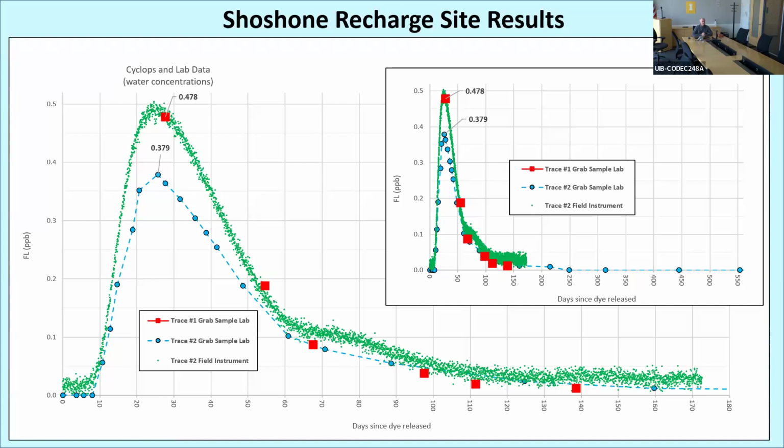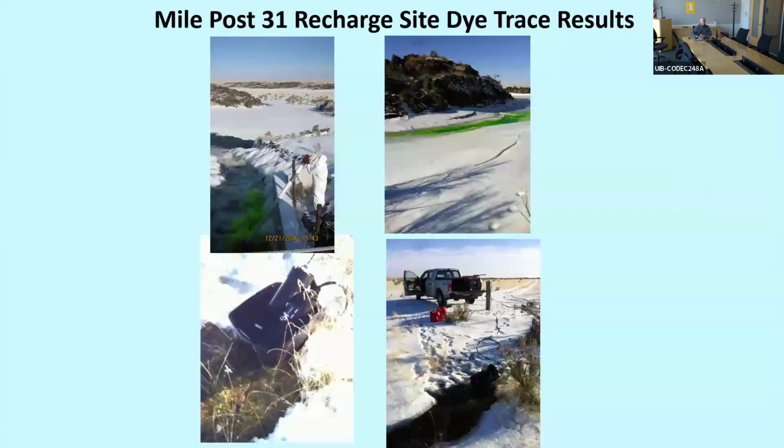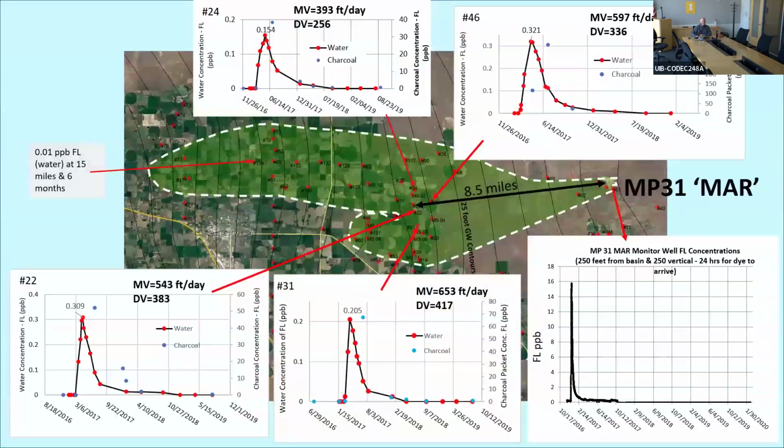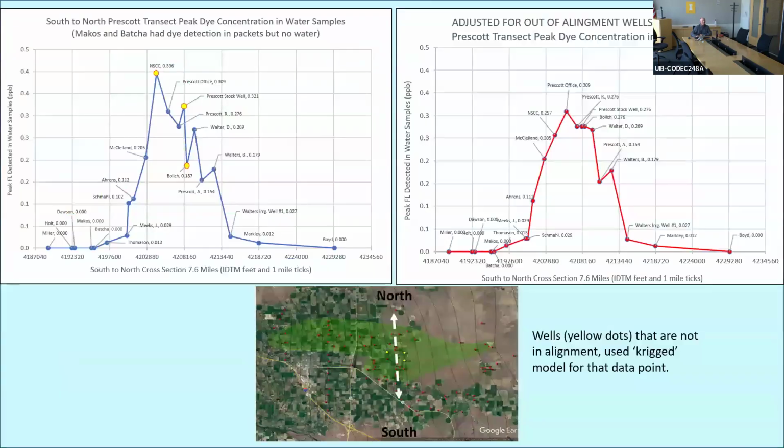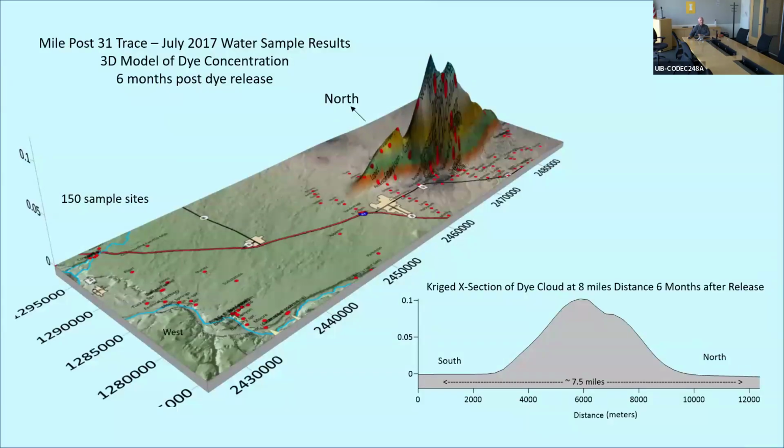That's for detection. So let's take a look at that, because I think that's a very good question. In fact, I'd really like to know who asked that. If you'll notice, this is halfway to Box Canyon where we detected dye at 19 miles, and it's only 32 to Box.